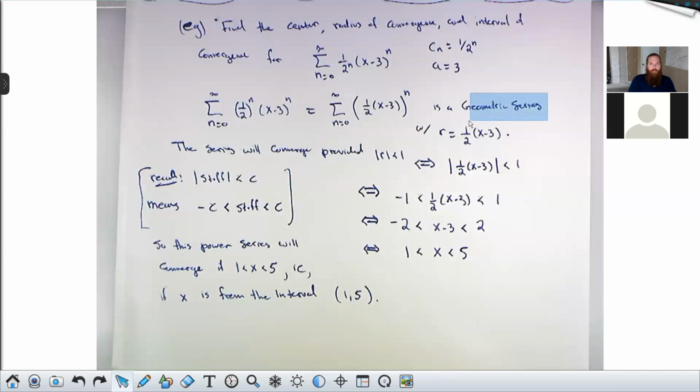And because this is a geometric series, I know that if this inequality is not satisfied, the series will diverge. Normally, at this point, I would say you need to check the endpoints. If I came up with this any other way, if this wasn't a geometric series, we would have to test what happens at the endpoint.